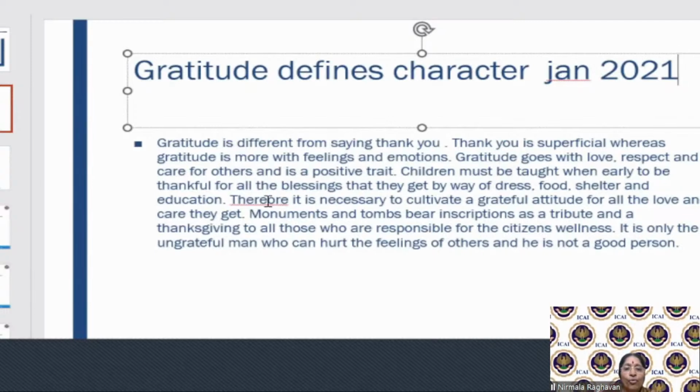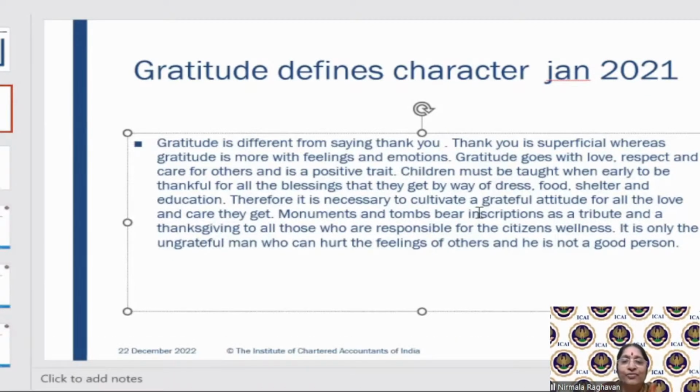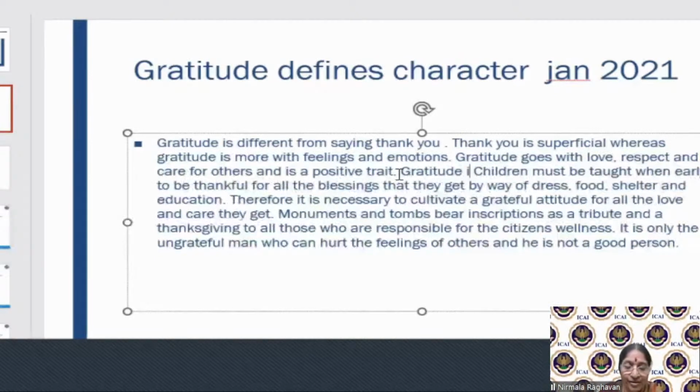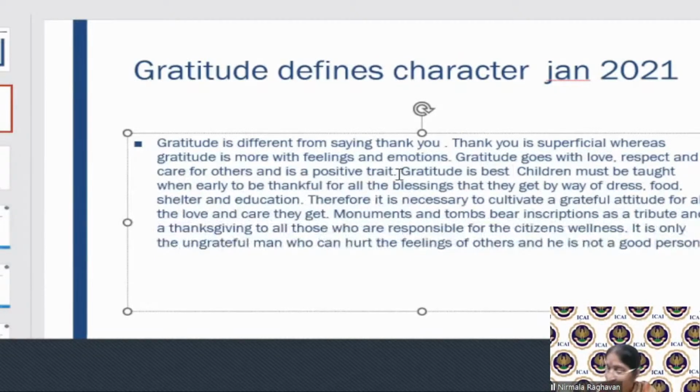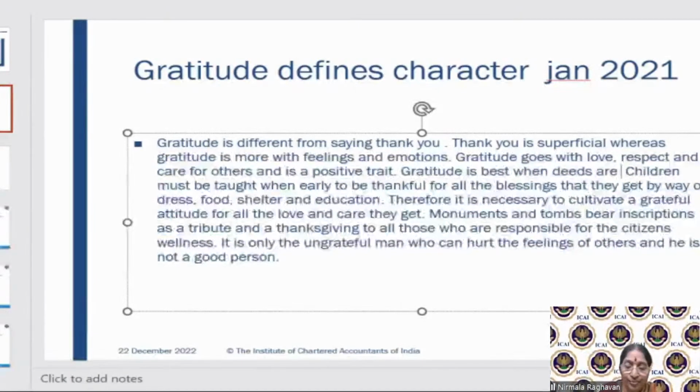Therefore. Yeah, Dimple, thank you for that. Yes. So where shall I do it here. Gratitude is best when deeds are impossible.